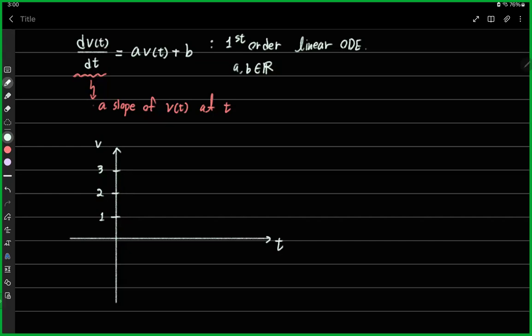I don't know the definition of v(t), but possibly v could be 1, 2, and 3 when t equals 0. And for each point, it's kind of a grid point.